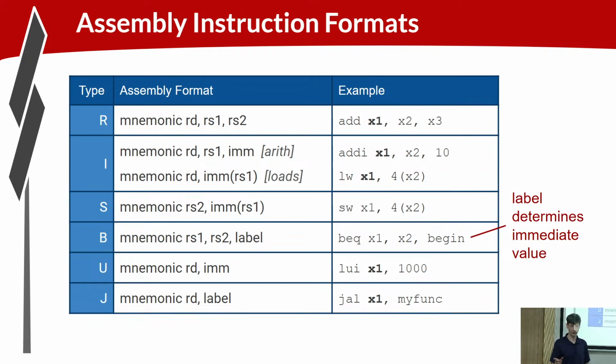In RISC-V, a jump is an unconditional branch. It has a destination register, which is used to capture the PC as a return address. And because it only has this one register, it's got a few additional bits available for the immediate, so it can jump a further distance than the branch.